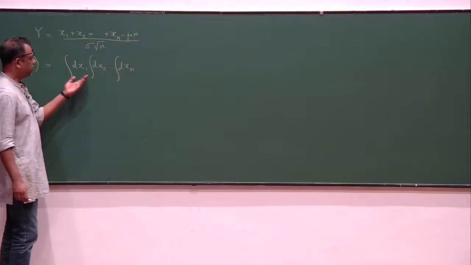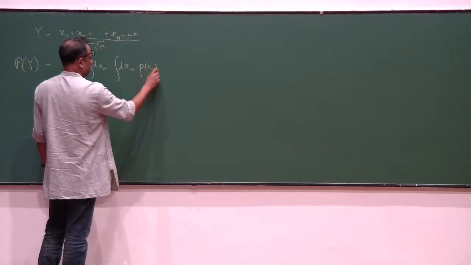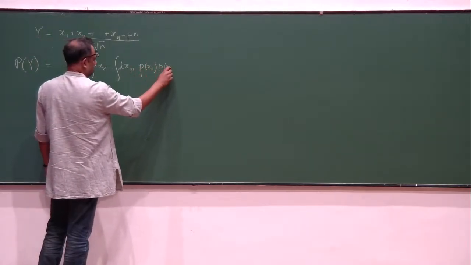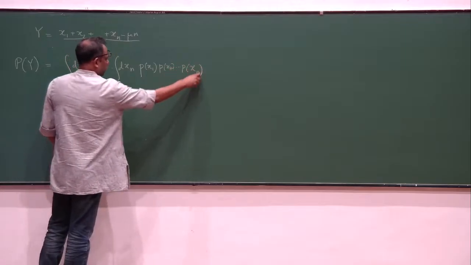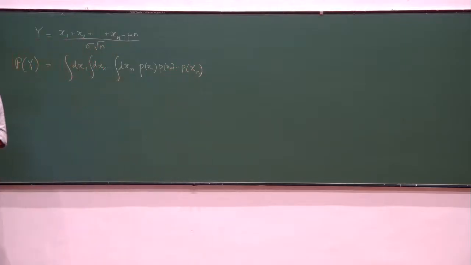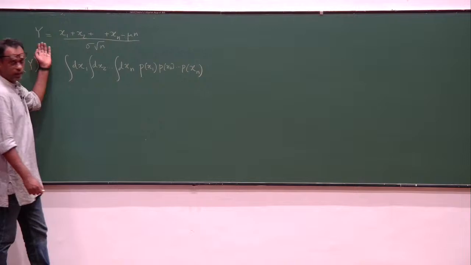Then for each realization of x1, the probability is small p of x1, small p of x2, p of xn. They are a product because they are independent, that was our initial condition. But all values of x1, x2, xn do not lead to y.